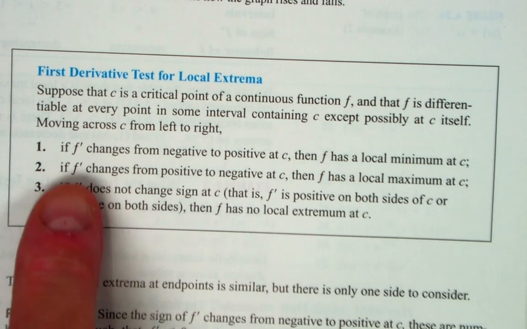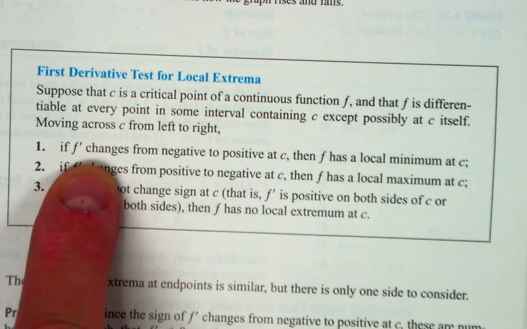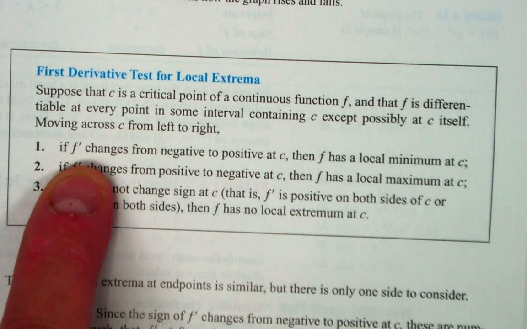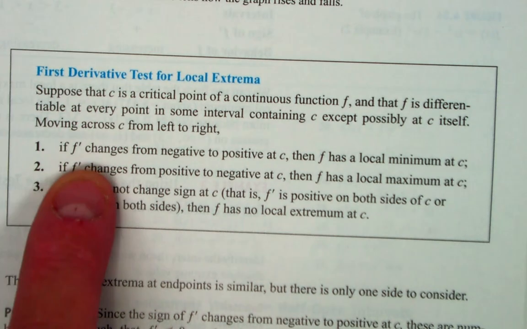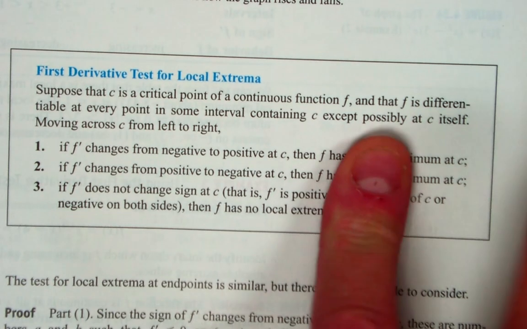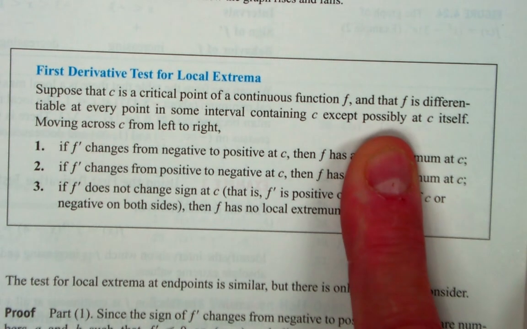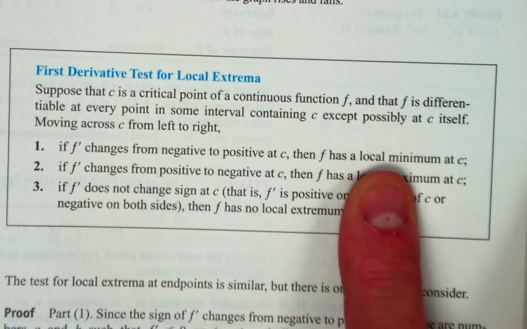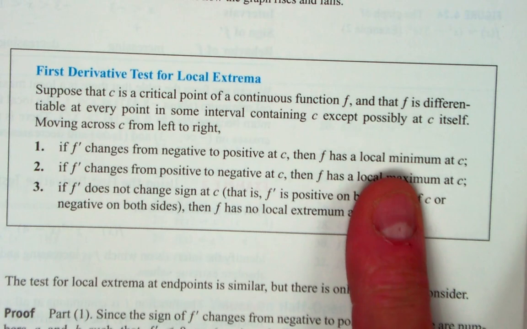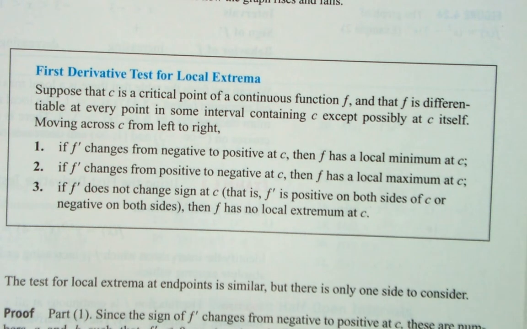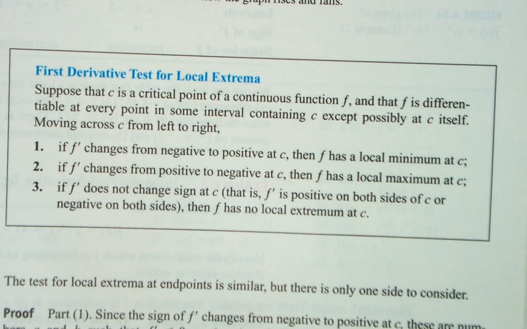Moving across from left to right, if f prime, which is the slope, changes from negative to positive, then f has a minimum. If it changes from positive to negative, it has a maximum. I think that should make sense, because you've got your hills and valleys.